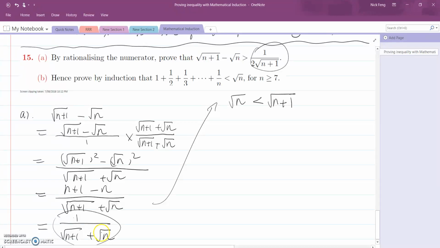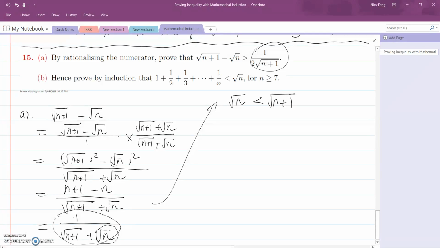So if I replace this root n by root n plus 1, then the total value of this whole thing would become smaller. Does that make sense to everybody? I'll say that again. Root n is less than root n plus 1. If I replace this by something bigger, I'll make the denominator bigger. That means whatever, the original would be smaller.